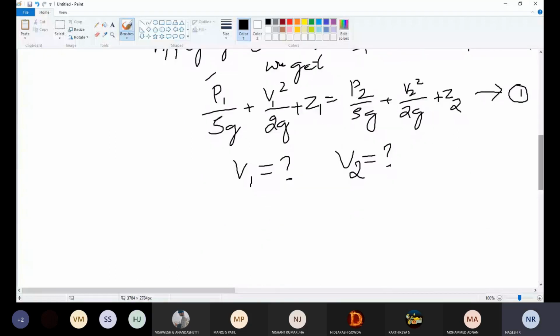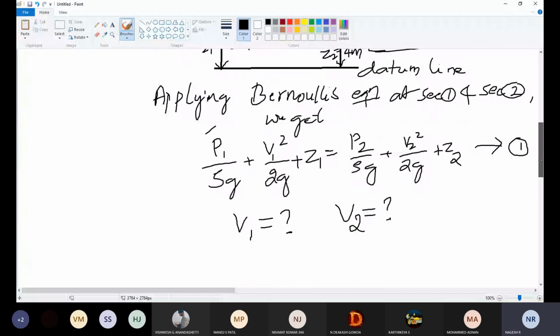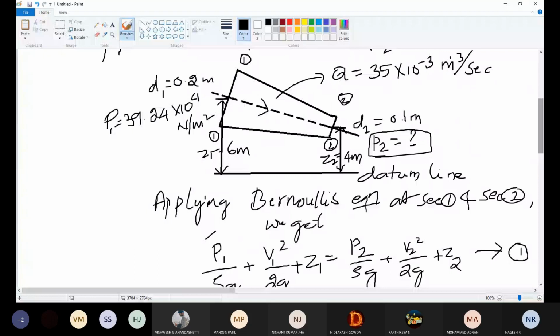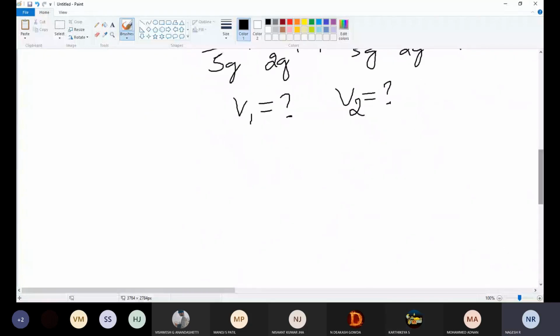Is there any data useful to find V1 and V2? By using the continuity equation, or we have the discharge formula. What is the discharge formula? Q is equal to A1 V1 or Q is equal to A2 V2.